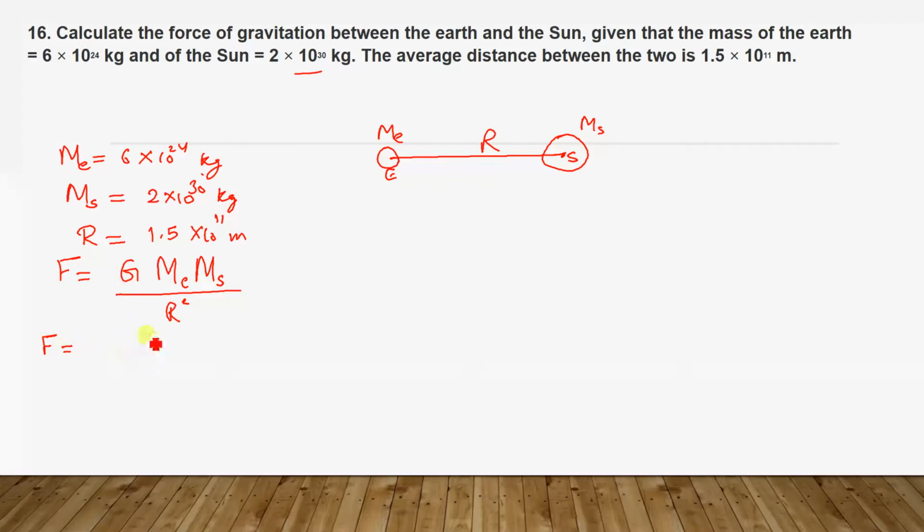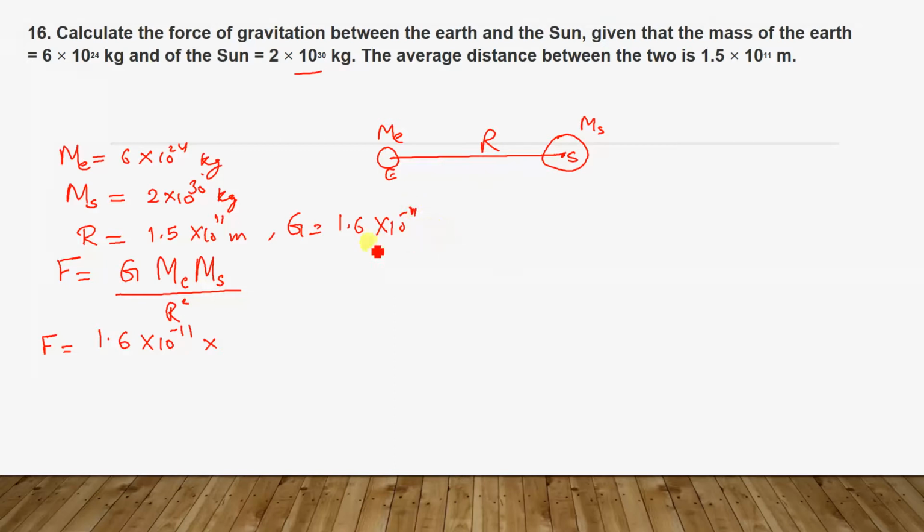What is capital G? Do you remember? What is the value of G? It is a constant. Yes, it is 6.6 into 10 raised to power minus 11. Agree? Mass of Earth is given. Here you first write that we have to take G as 6.6 into 10 raised to power minus 11.